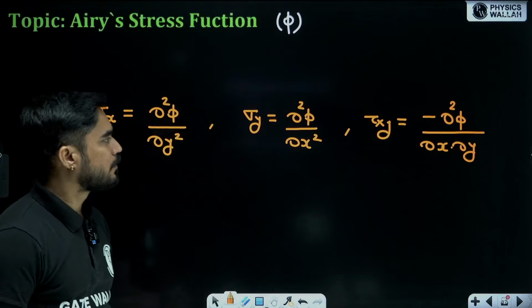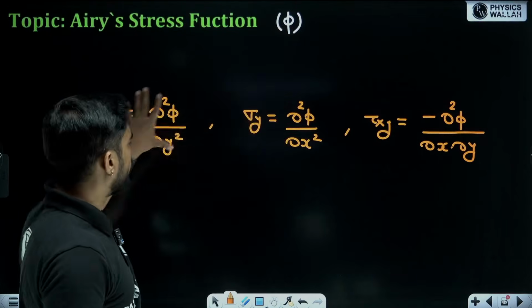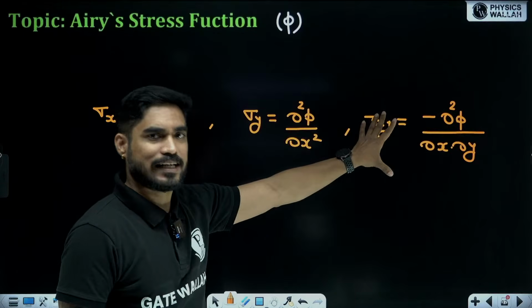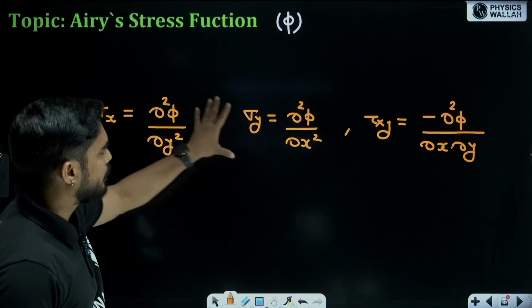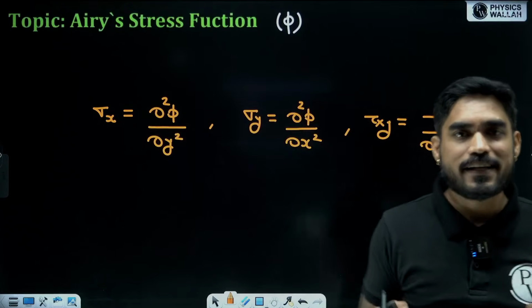Okay. So if you know the equation of phi, then by using these relations you can find sigma x, sigma y, tau xy. It will become very easy, right?